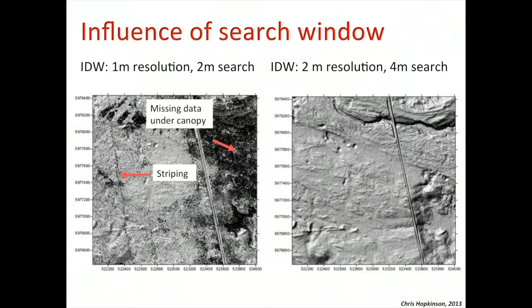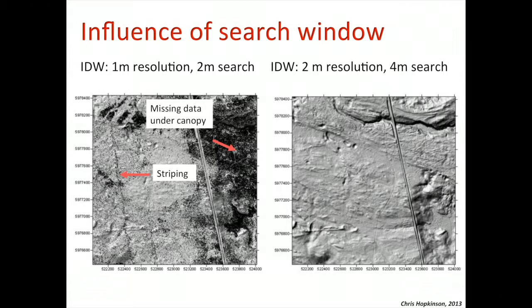It's not a particularly pretty hillshade, but it's a hillshade of a terrain somewhere in the world. And we're using exactly the same inverse distance weighted interpolation. The only real difference between the two, other than a slight shift in resolution, is that for this one we're using a 2 meter search radius, and for this one we're using a 4 meter search radius. Now I should note that this is a very densely forested environment.